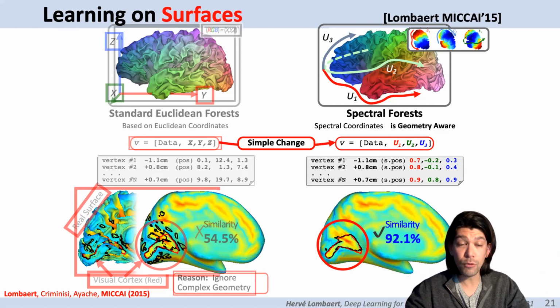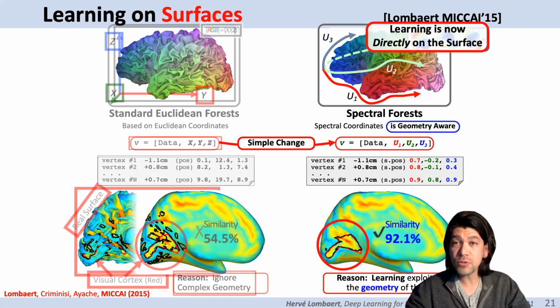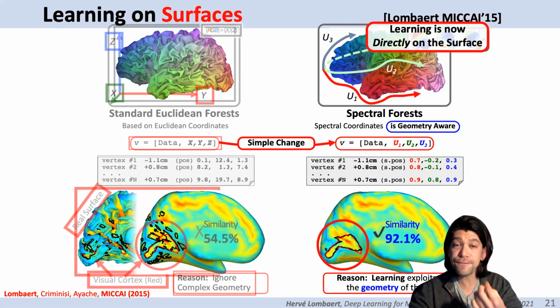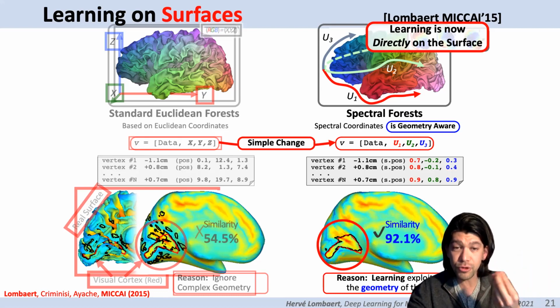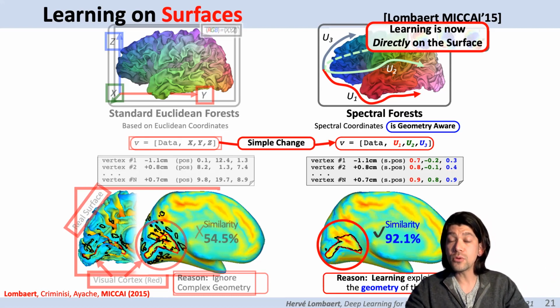So from something that was actually bad, we went to almost 92% to segment the visual cortex here. So basically, why does it work here? This very simple change actually makes a fundamental change in the way the algorithm starts to work. We moved away from something that is not necessarily dealing with the geometry of the shape we're dealing with, towards something that is completely driven by the shape.